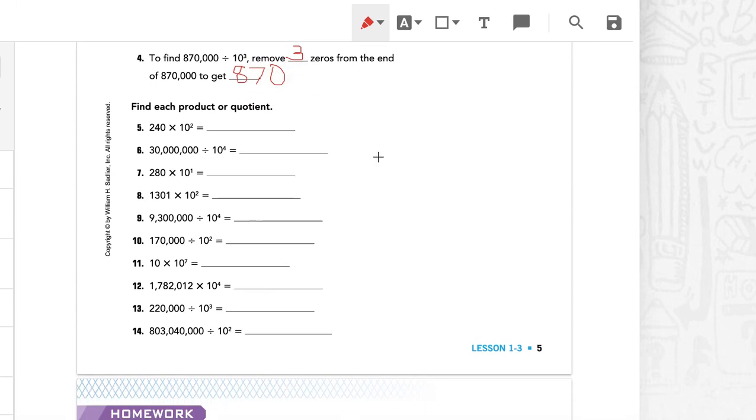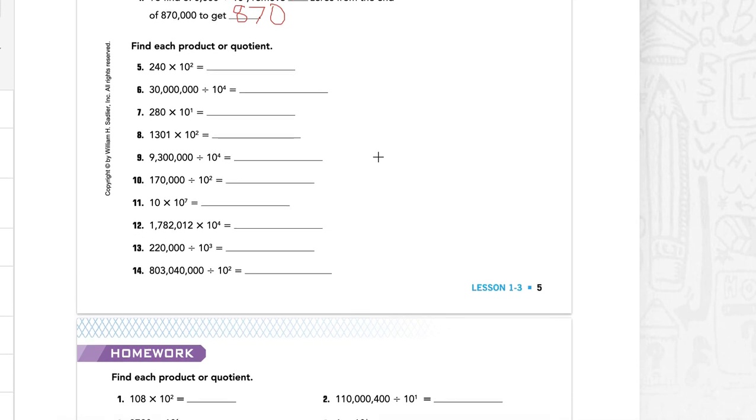Okay, so go through numbers 5 through 14 here, either adding on numbers to the back of this number or taking them away. If you need help, that place value chart would be really helpful.